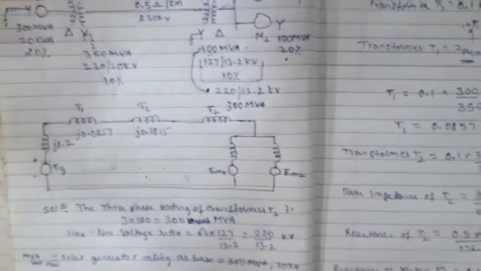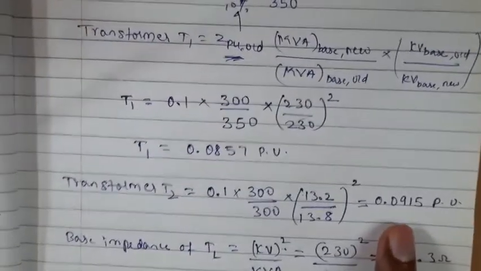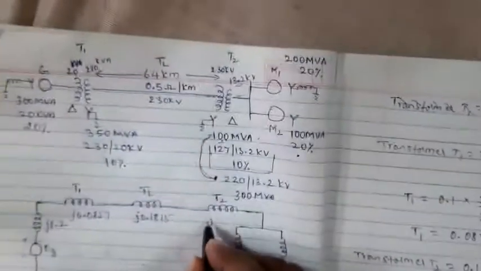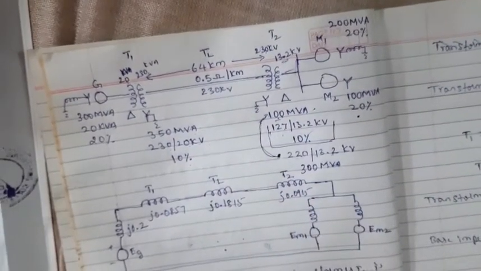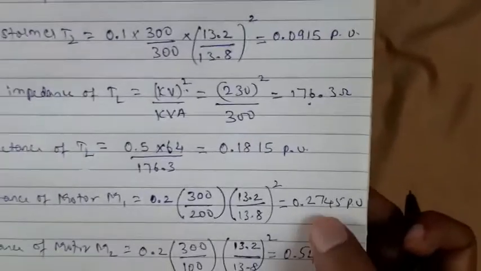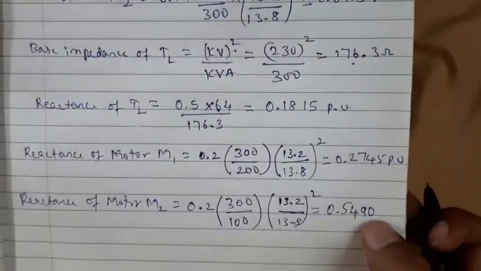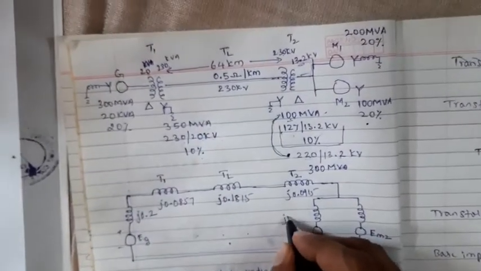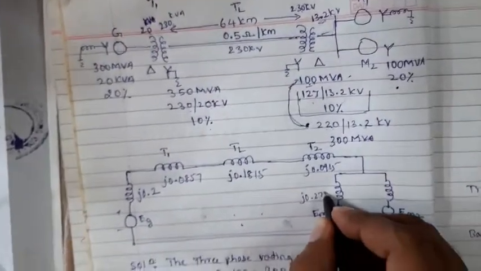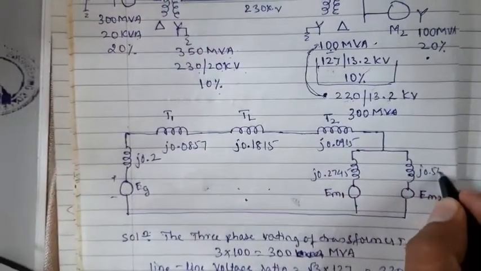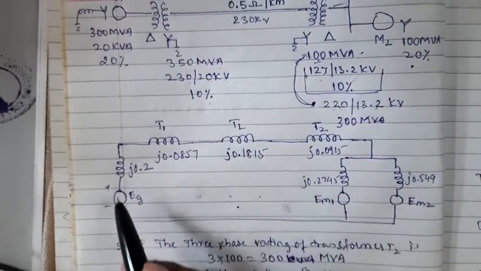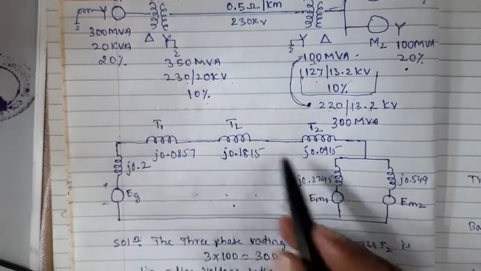Now transformer T2, we have found it, put the value j equal to 0.0915. For the motors we have found 0.2745 and 0.5490, put the values here. So this is the reactance diagram we have found out.